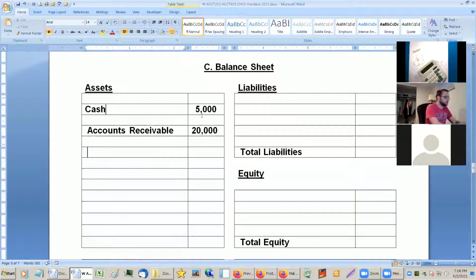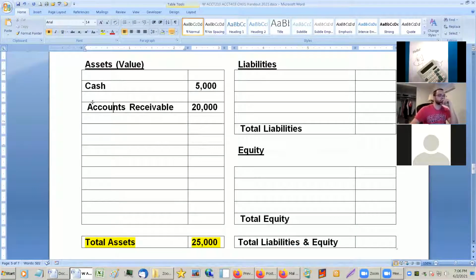Okay, cash has a value, 5,000. And accounts receivable is going to eventually become cash. So this is going to become that. So that's why we count it as an asset.